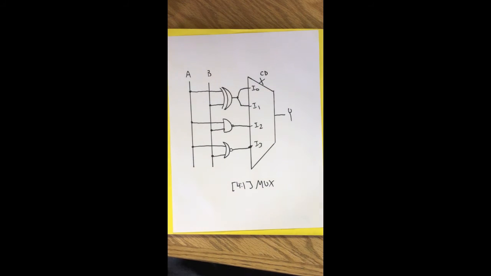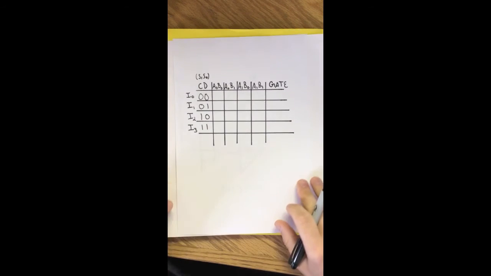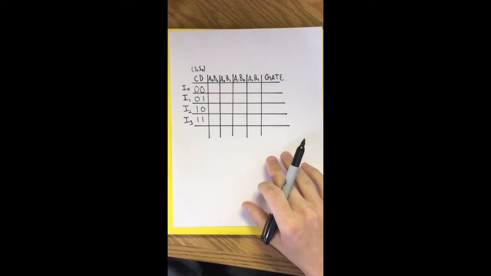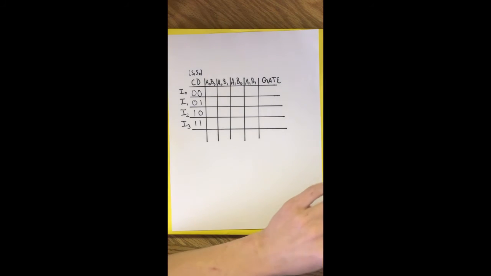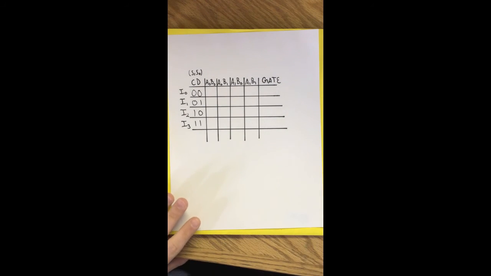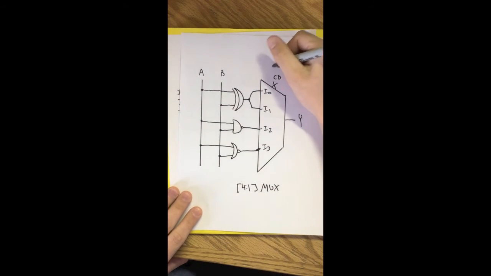Now, I'm going to do one last step here. This is not necessary whatsoever, but for those of you who aren't following at this point, I'm going to break it down even further with one last truth table. Remember I said our switch, which is S1 and S0.